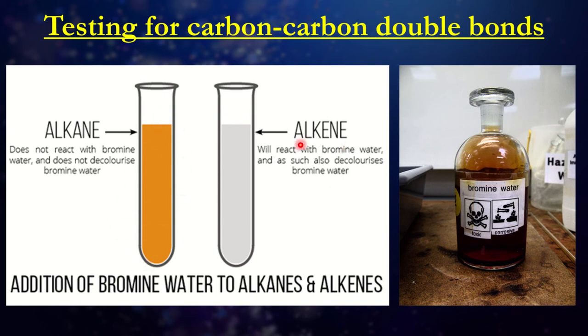If it reacts with alkenes, the bromine water will break up the double bond, and in that breakage, the alkene will turn into a dibromoalkane, okay?